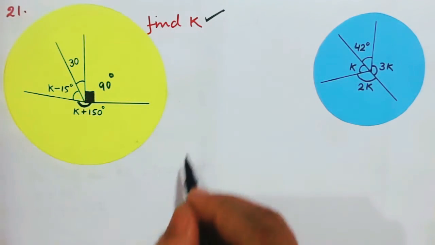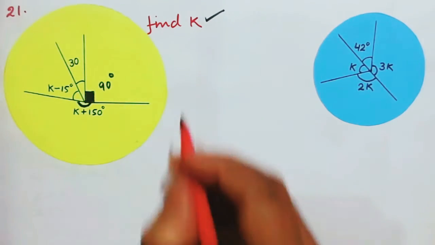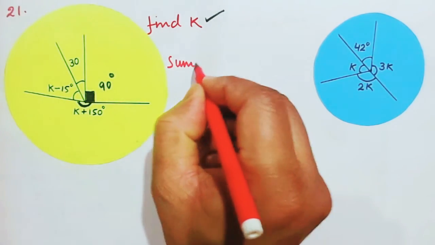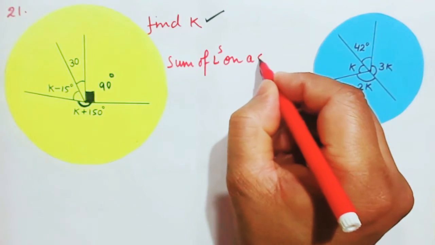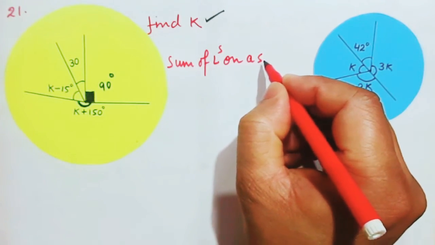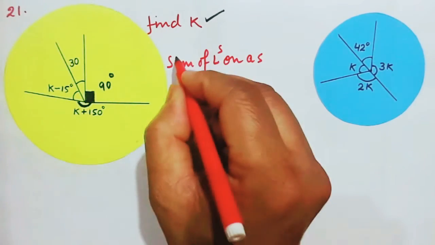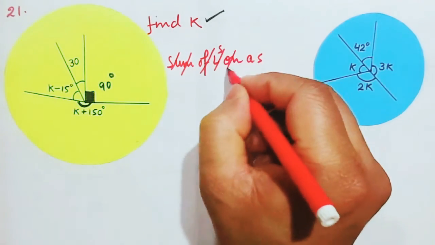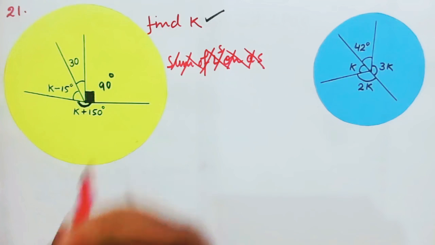Therefore, we will write once again the same thing, that is sum of angles on a... oh, the lines are not straight, therefore it is wrong.